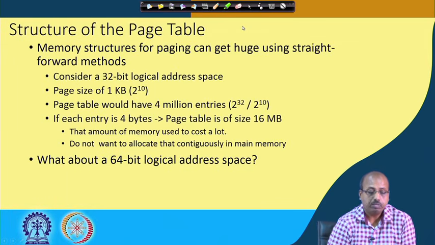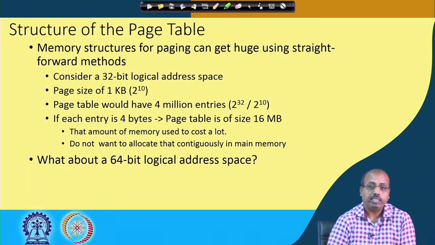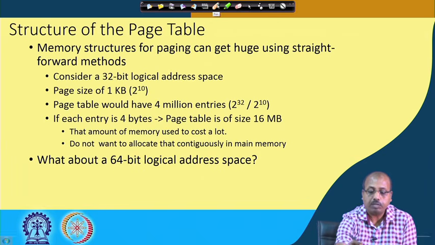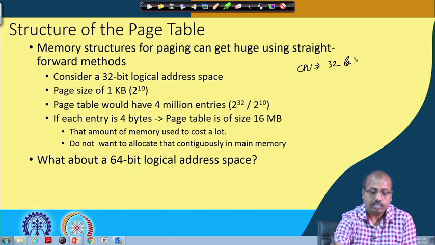Next we will be looking into the structure of the page table. Memory structures for paging can get huge using straightforward methods. This is a problem with paging, as we said, if the page size is small and the logical address space is large. Suppose the logical address generated by the CPU is 32 bit, and the page size is 1 kilobyte.